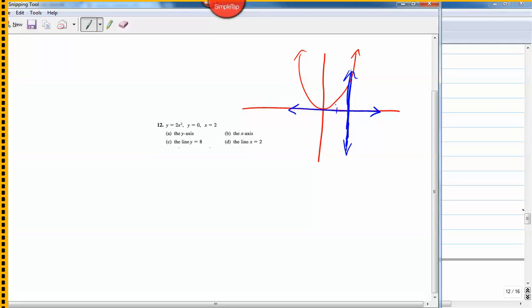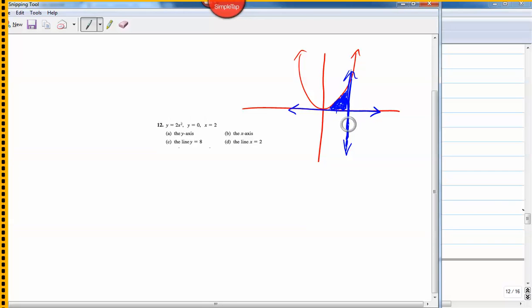So the bounded region is going to be this stuff in here. Now I want to revolve the bounded region about the line x equals 2. This is the line x equals 2.